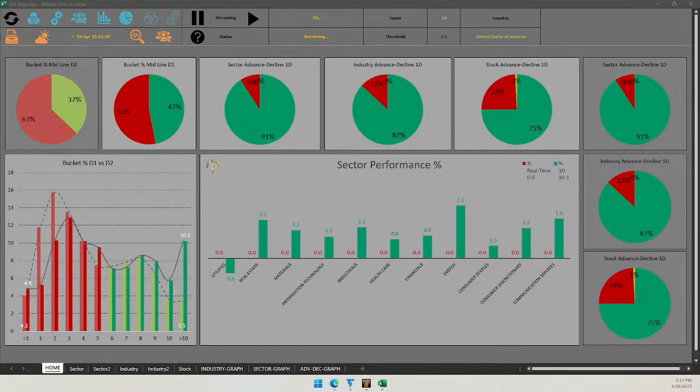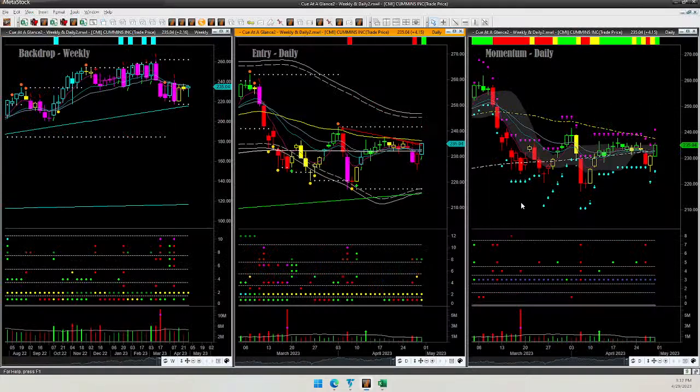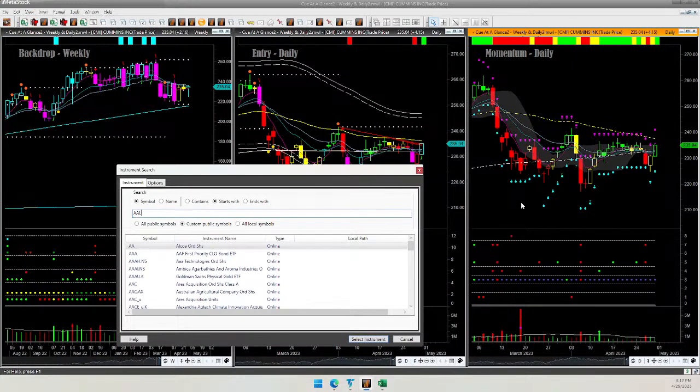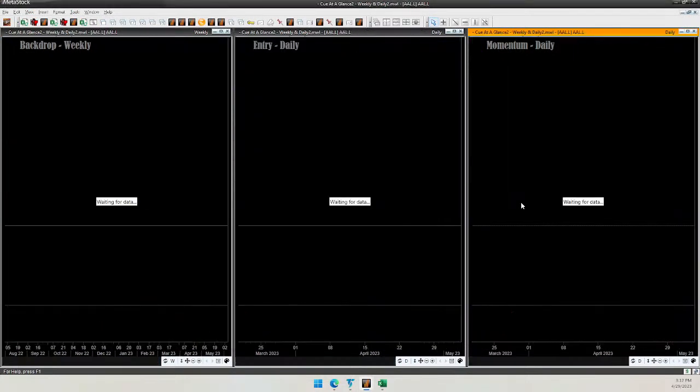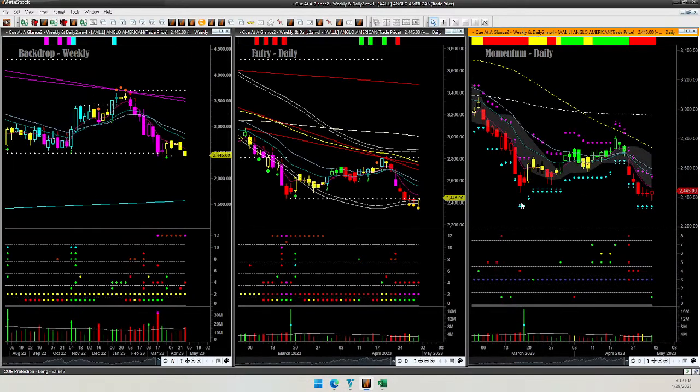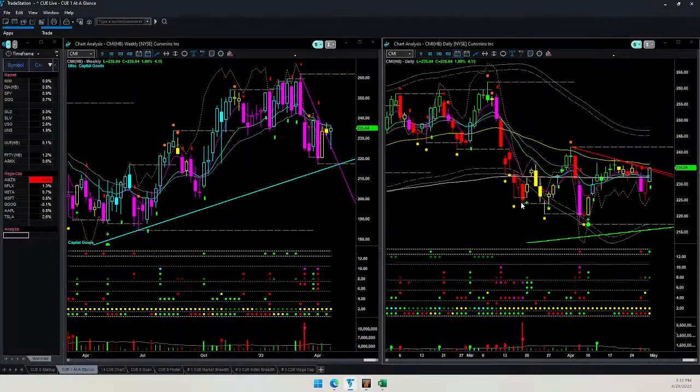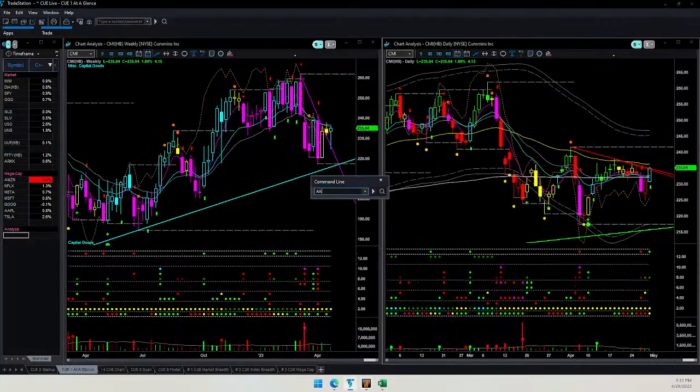That is American Airlines. I'm first looking at the 3 chart template. Okay, nothing to see in the third chart. So let's go back to Q charts AAL.